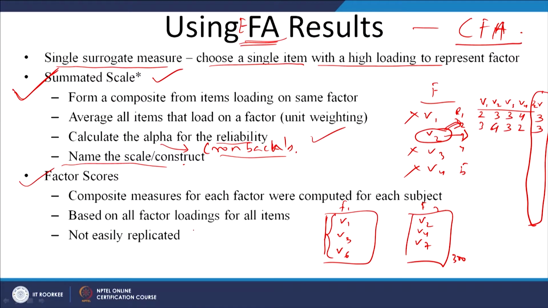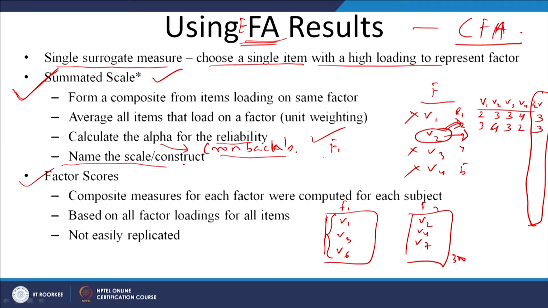In this case, the difference between the summated scale and factor score is that while calculating the factor score, the software considers all the variables. But while calculating the summated scale, we use only those variables that are linked to that particular factor.